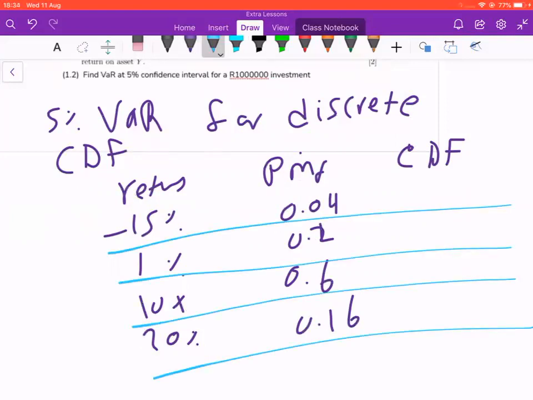So the CDF starts as 0.04, 0.24, 0.84, and then 1.